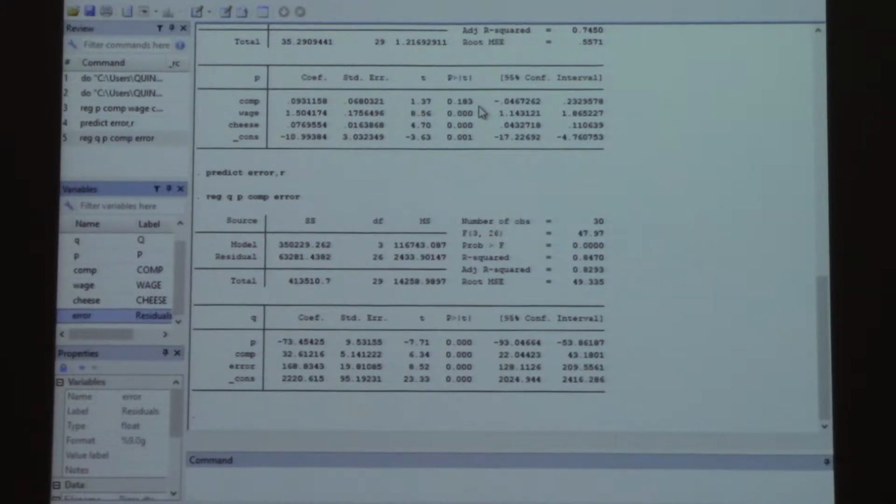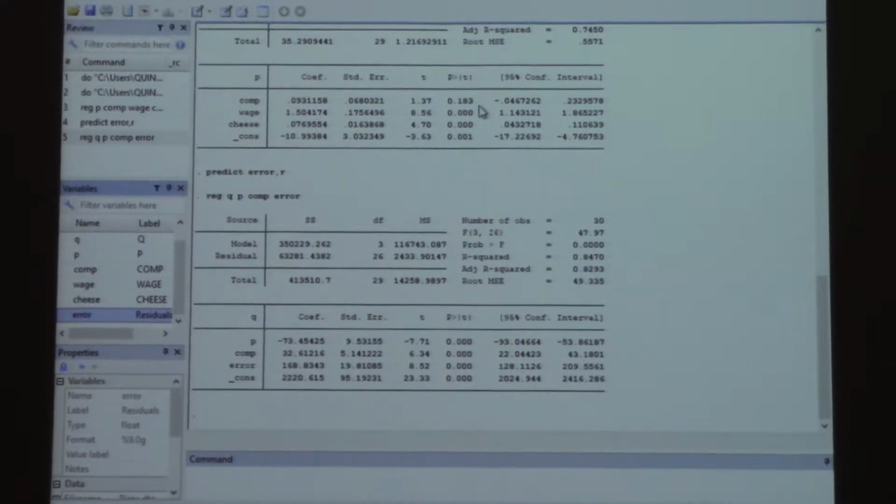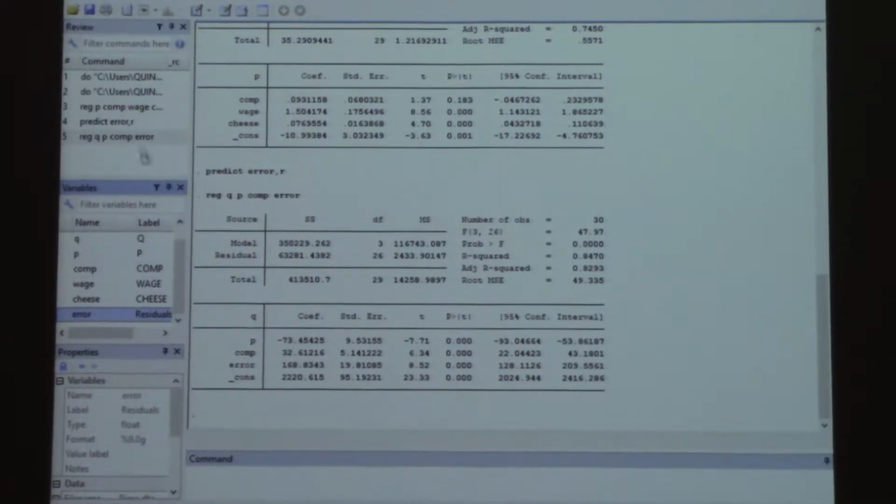So let's use both. Let's try both as instruments individually. Okay. So let's go back to our regression.